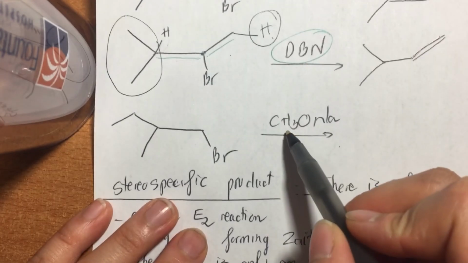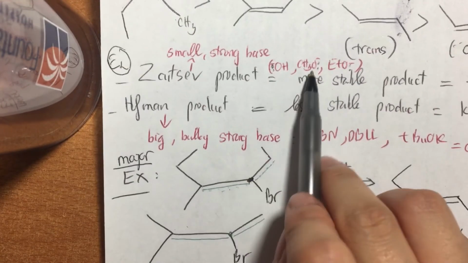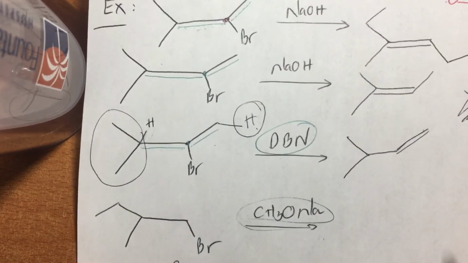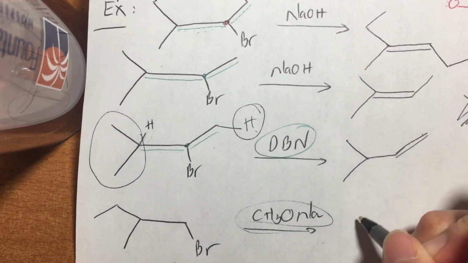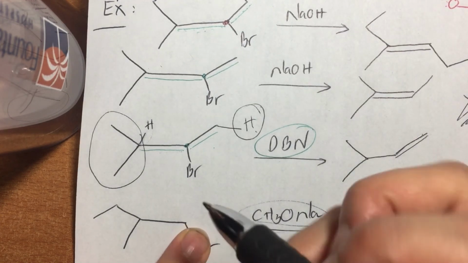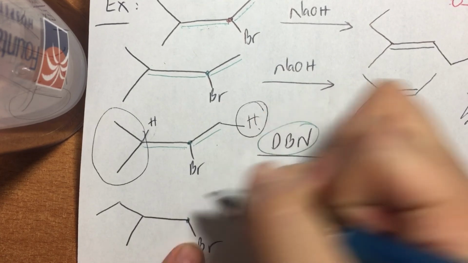So let's look at this one. CF3ONa is a small and strong base, so this will give me a Zaitsev product. However, if we look at this, my bromine is right here.